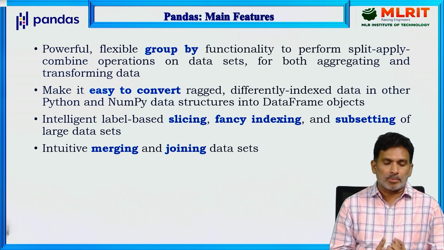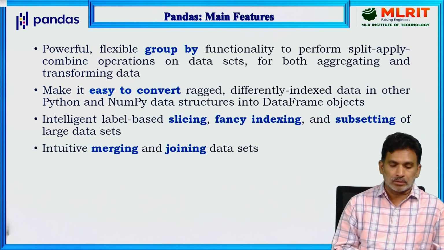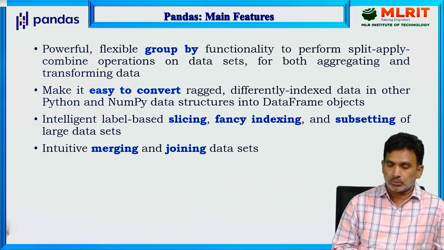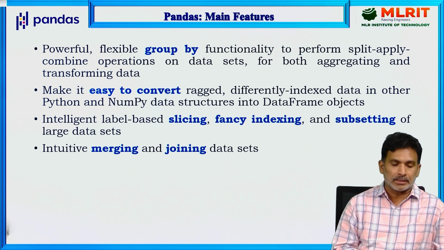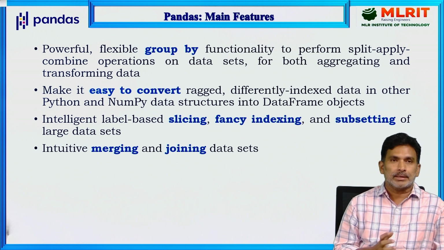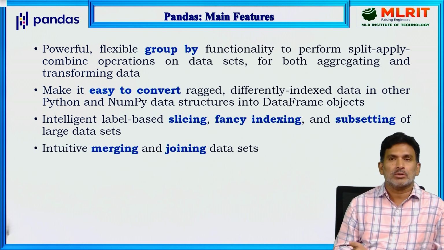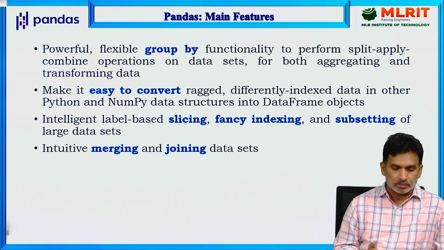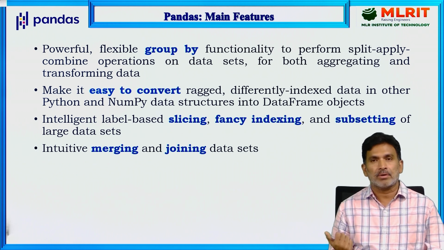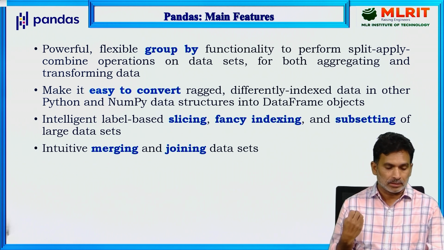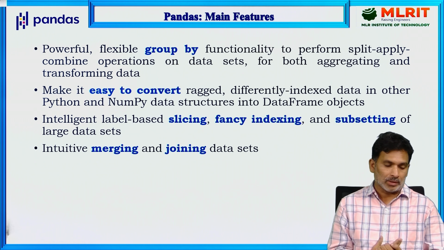It has more powerful, flexible group by functionality, to perform split, apply, combine operations on data sets for both aggregating and transforming the data. So much transformation needs to be done, so many operations will be performed to convert the data into the required format before we submit it to the deep learning model.